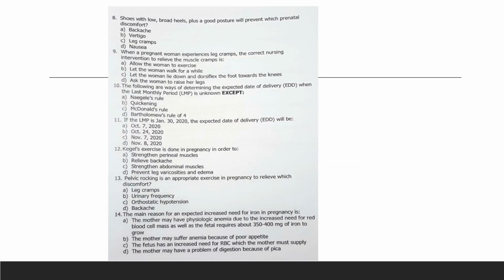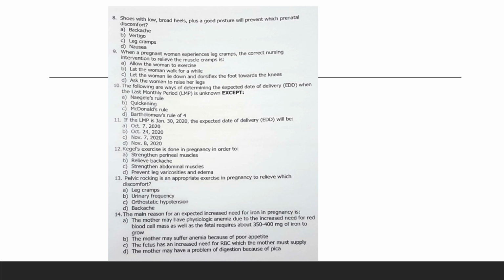We go to 8. Shoes with low, broad heels plus a good posture will prevent which prenatal discomfort? The answer is C, leg cramps.